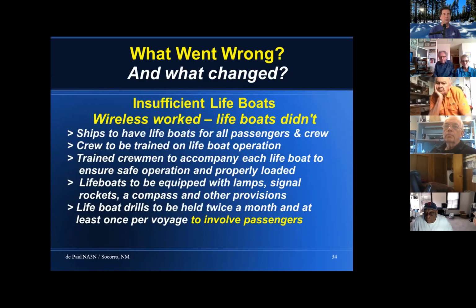Those of you who've been on cruise ships, you know, the compulsory lifeboat drill. Go to your lifeboat station before the ship leaves the port and everything else, and the equipment to be on board. Again, safety precautions.